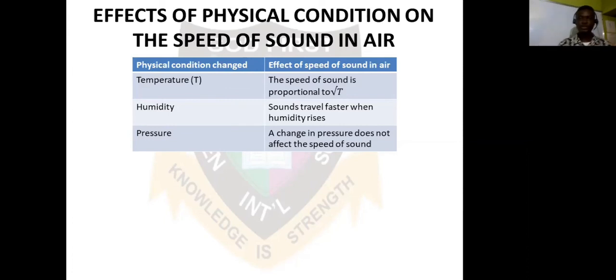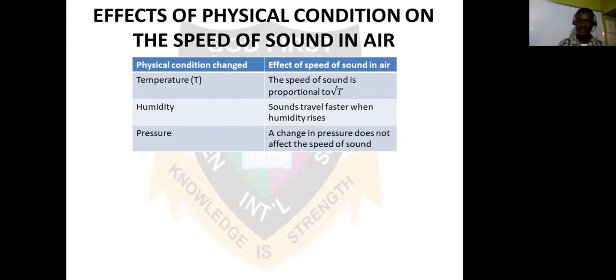Then pressure: a change in pressure does not affect the speed of sound. So when there is much pressure in the air, this does not affect the speed of sound in air. So the speed of sound in air is affected by these three conditions, positively or negatively. For temperature, the speed of sound is proportional to the square root of its temperature.